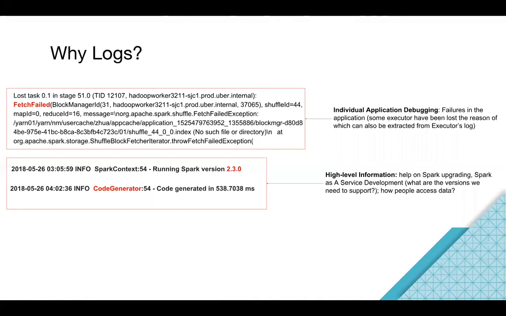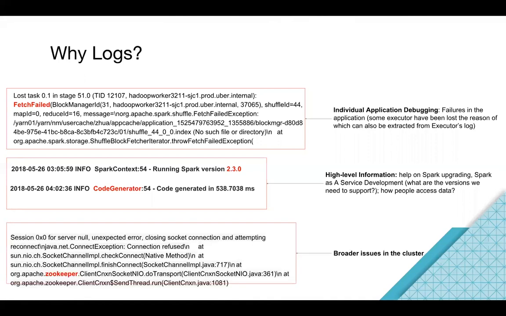Then we can apply control to this API. For example, if you are familiar with that, recently there is a GDPR thing. I think some of your companies are also working on that. Then we can apply control for privacy protection. And also for version information, it supports our work to upgrade Spark and also develop Spark as a service in Uber.